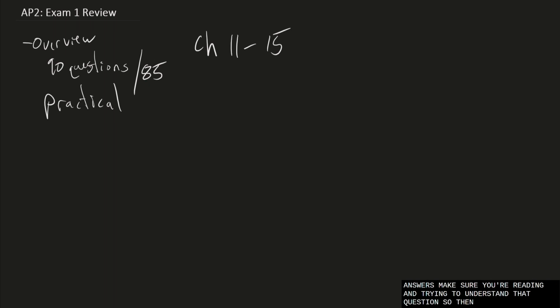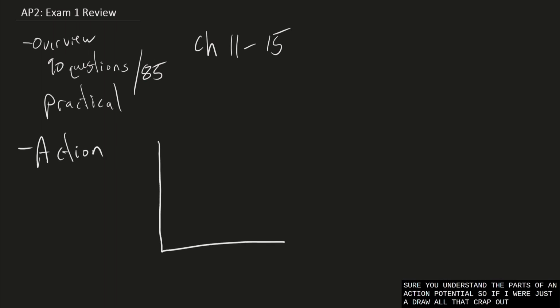Then we talked a little bit about action potentials, so make sure you understand the parts of an action potential. If I were to draw that graph out real fast, we have time down here and millivolts over here. A neuron starts at minus 70 millivolts. It's sitting there until we get a graded potential. Once we hit minus 55 millivolts, that's when we hit threshold.